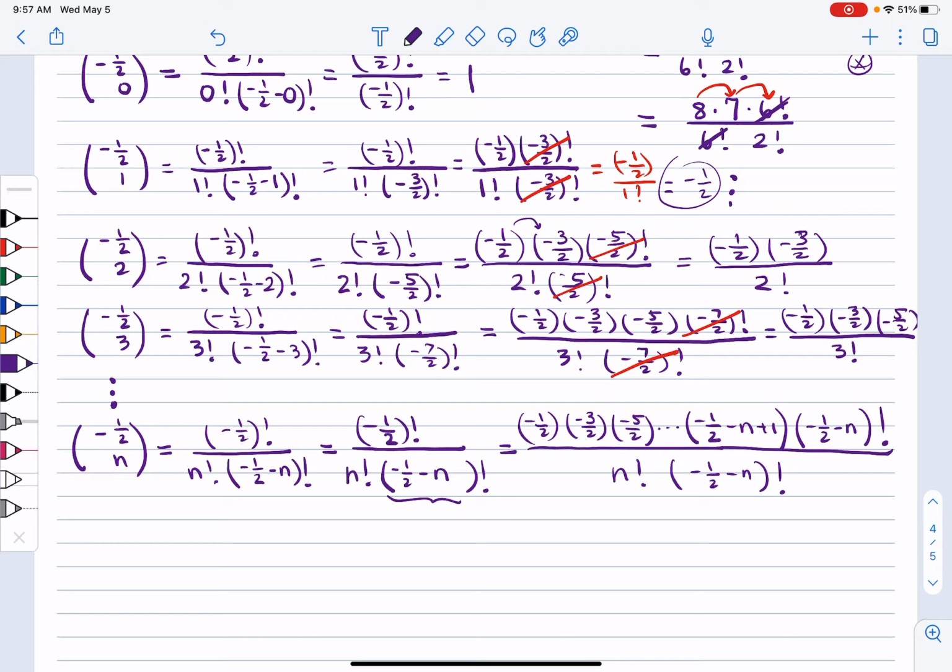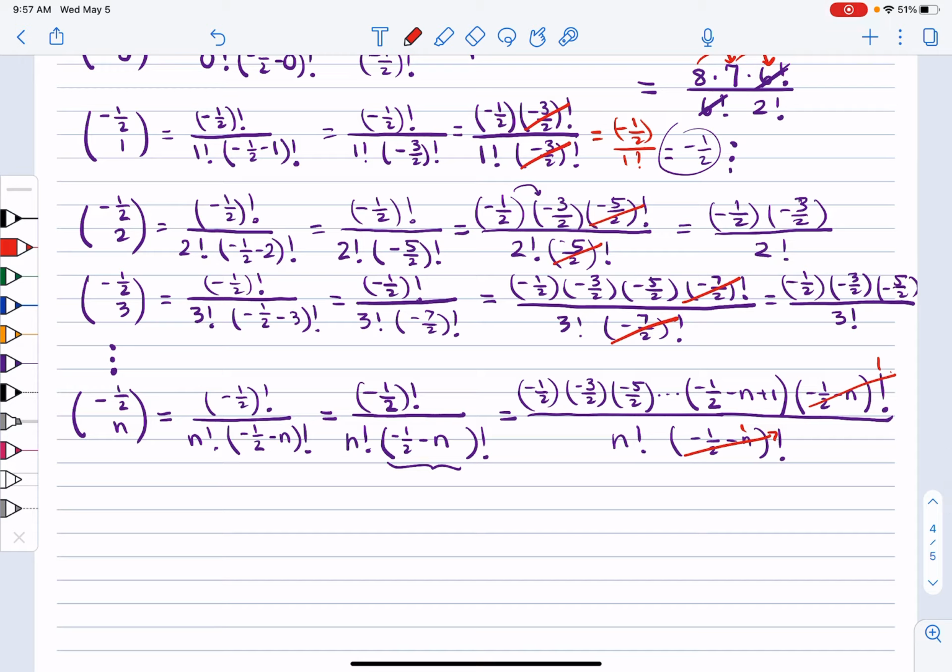Okay. So if we were to continue, we can simplify this negative 1/2 minus n factorial, and your answer will be equal to negative 1/2, negative 3 over 2, negative 5 over 2, all the way to, let's say, negative 1/2 minus n plus 1 over n factorial.